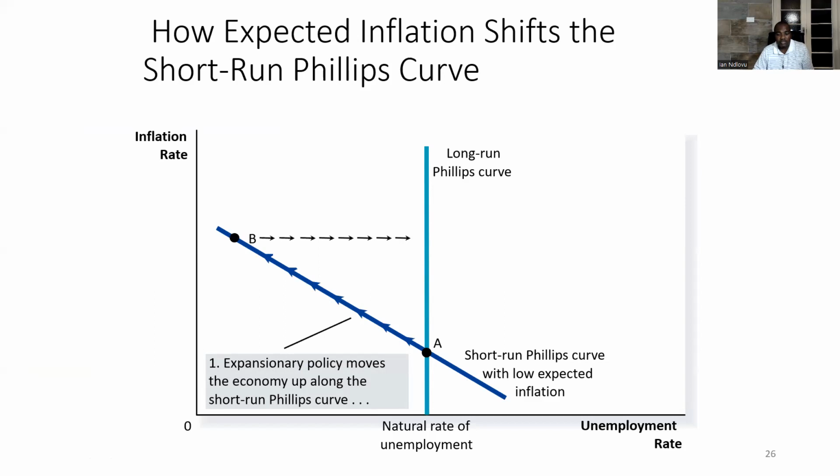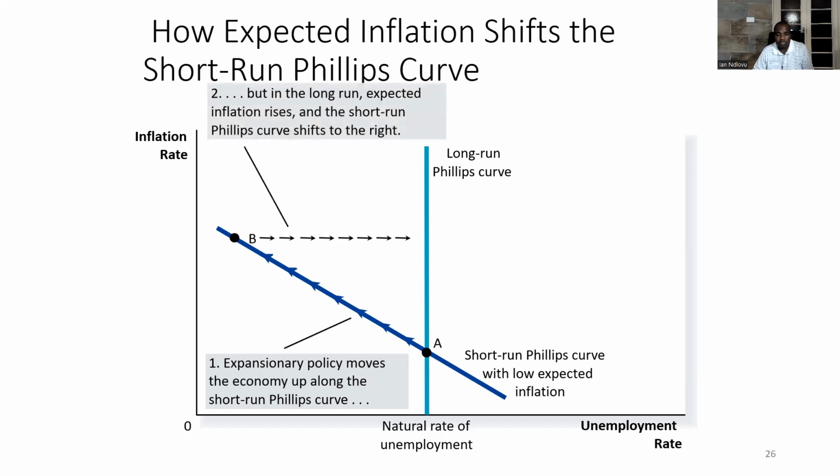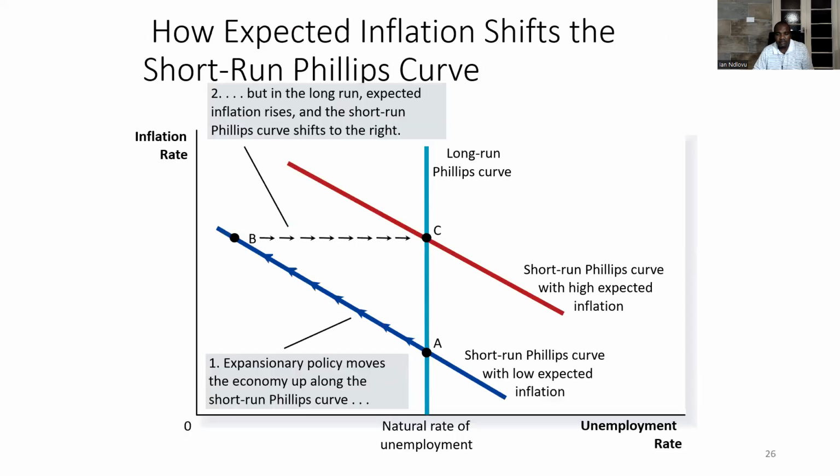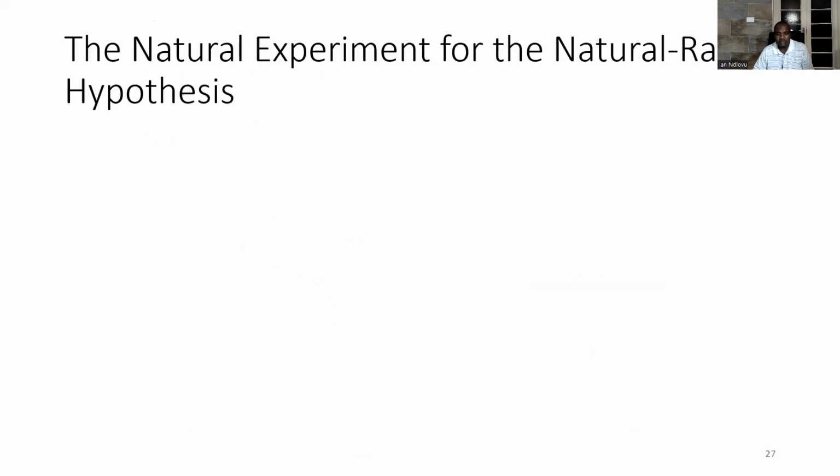But because the inflation rate has increased, workers will realize that their real wages have not really increased. And then the short-run Phillips curve will shift to the right, yielding an intersection at point C there.